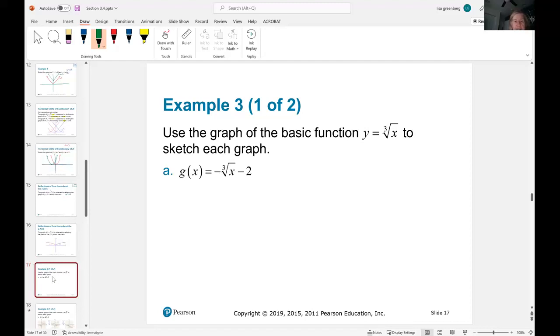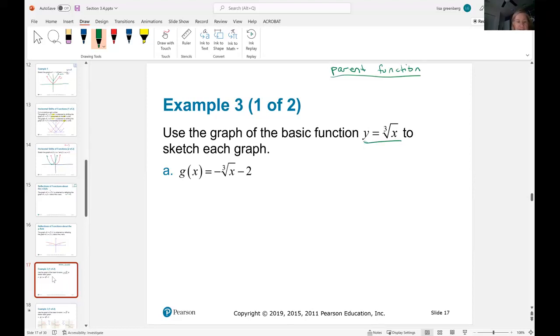Okay, so now we have a combination of 2 different transformations, right? We have our original function, which we call our parent function. I'm not sure if everybody calls it that, but we'll call it the parent function, which is this, okay?